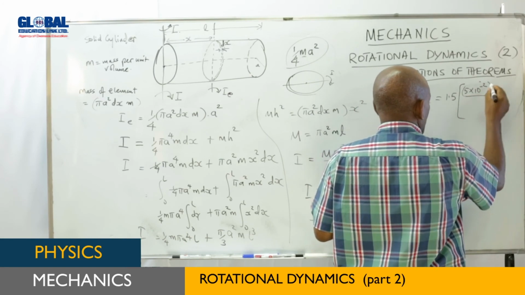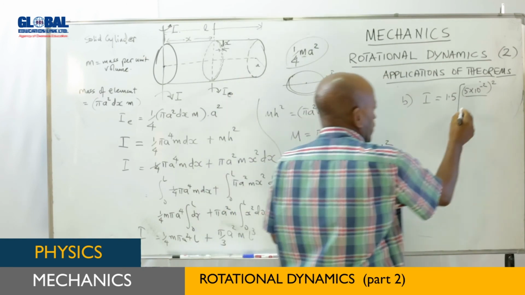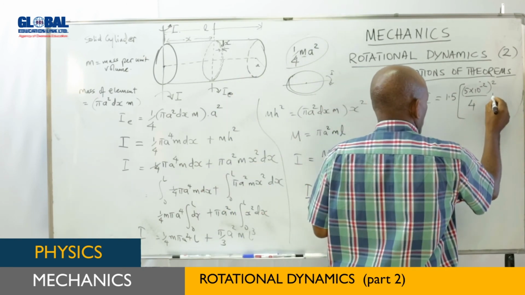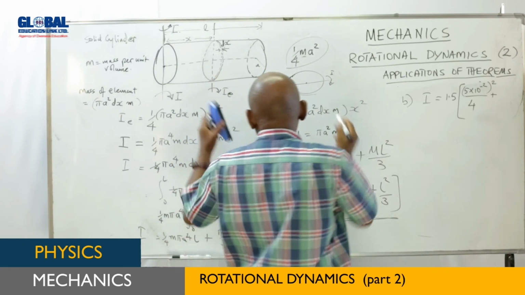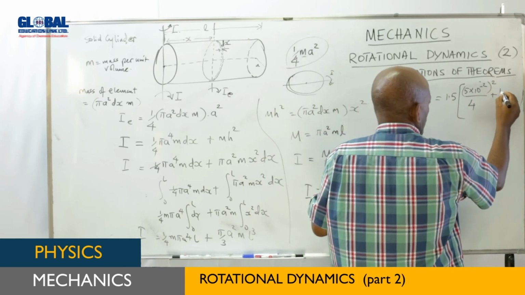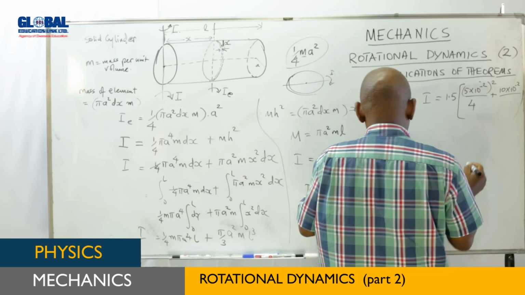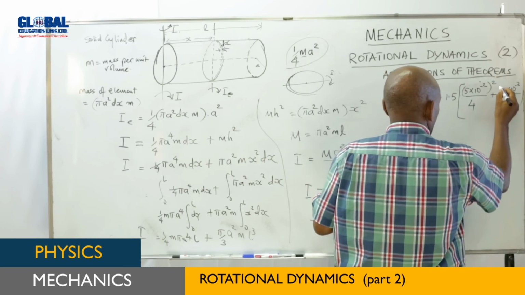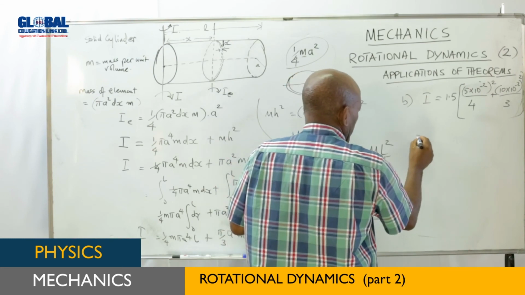So the whole of this, we are squaring that, divided by 4, plus L, the length of that particular cylinder, which is given to be 10 centimeter. So we are taking 10 times 10 power negative 2 over 3. And the whole of this, we square this, okay? So we can compute for that.